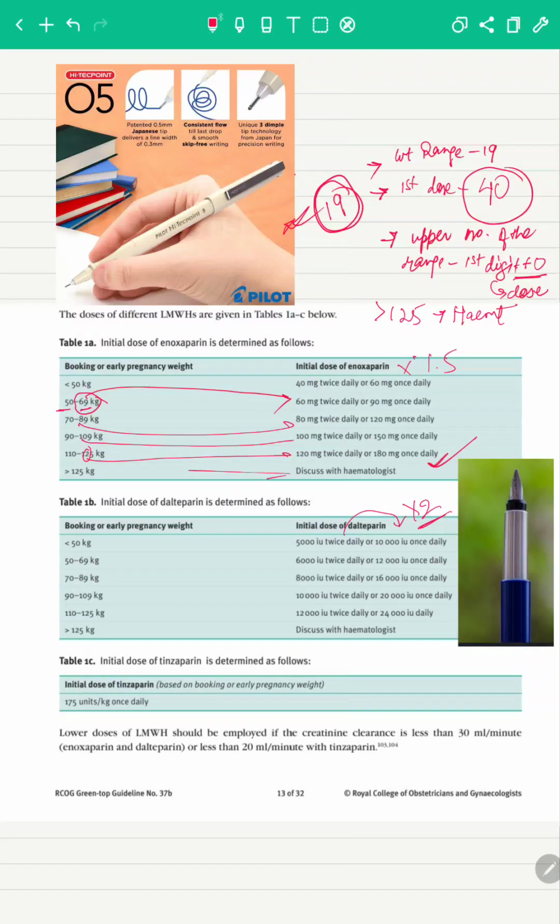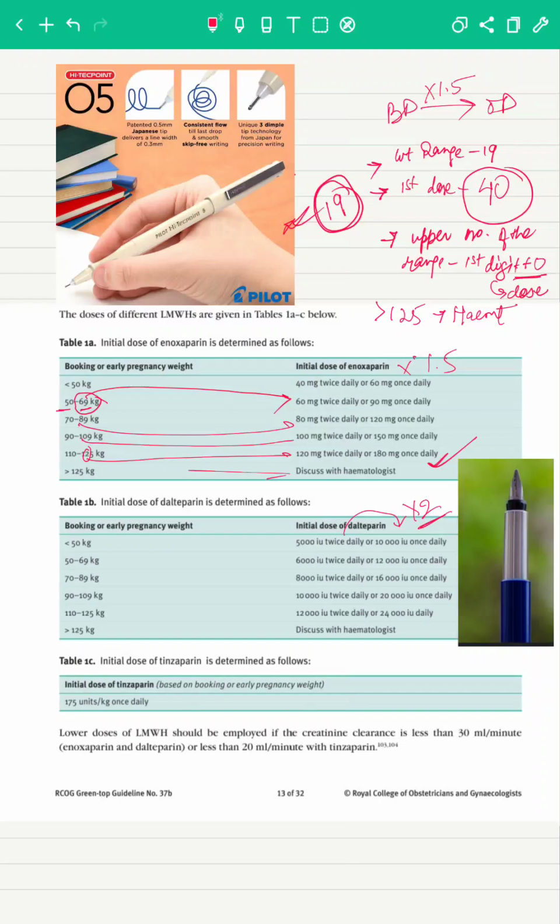And yes, for the BD to make it OD, you have to make it 1.5 times. That is all that we have to remember for the dose calculation for a patient who has got thrombosis.